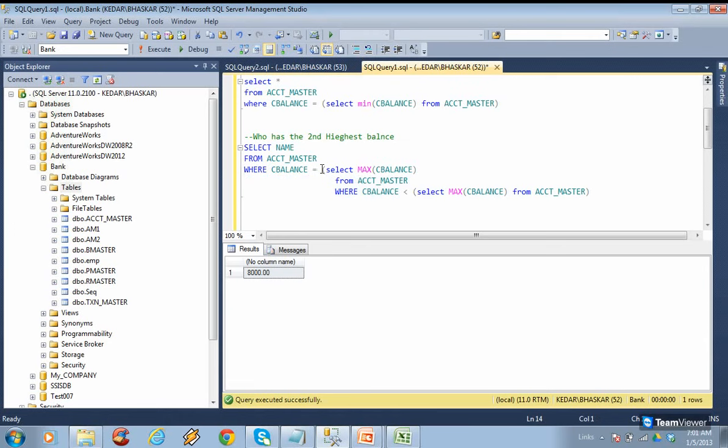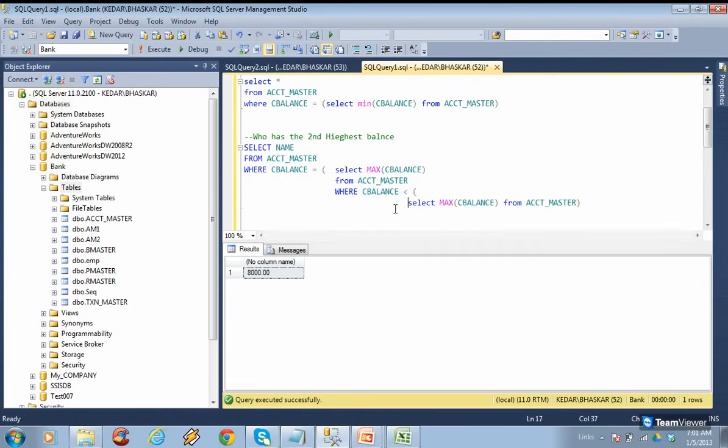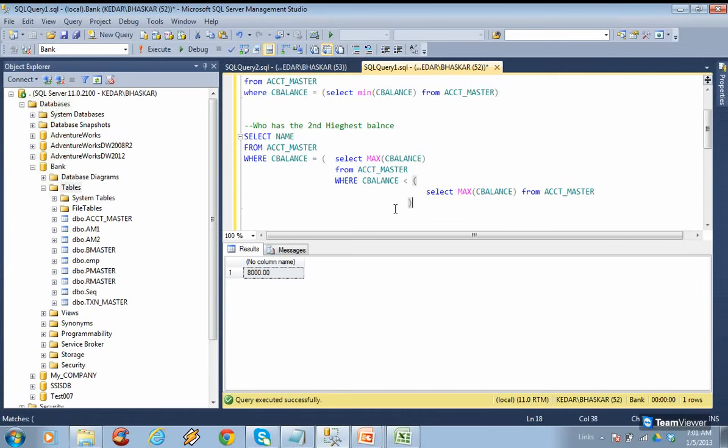Okay. Now this subquery would be executed first. And after that, you have one more subquery. This would be starting here. Clear? We have to close the bracket. Okay. Now first this would be getting executed.